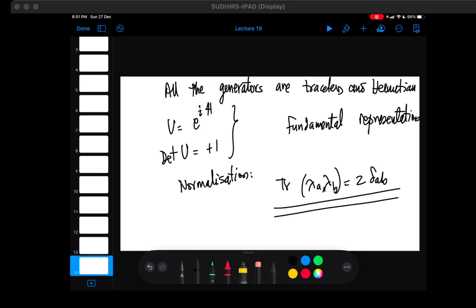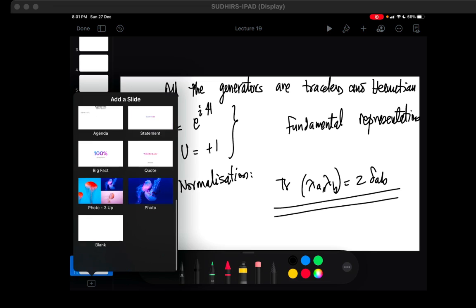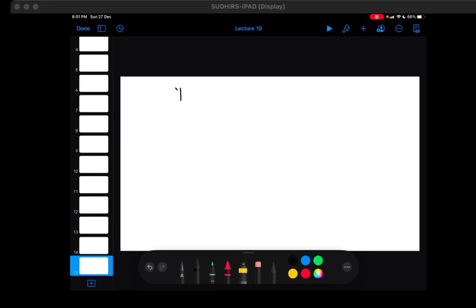The important property of the Lie algebra is the commutation relations of the generators. The commutation relationships are determined by the structure constants of the group SU3.